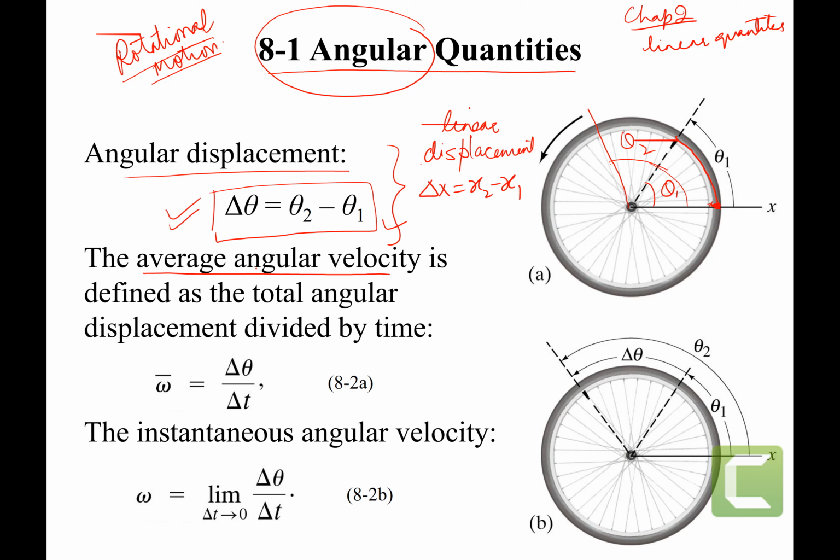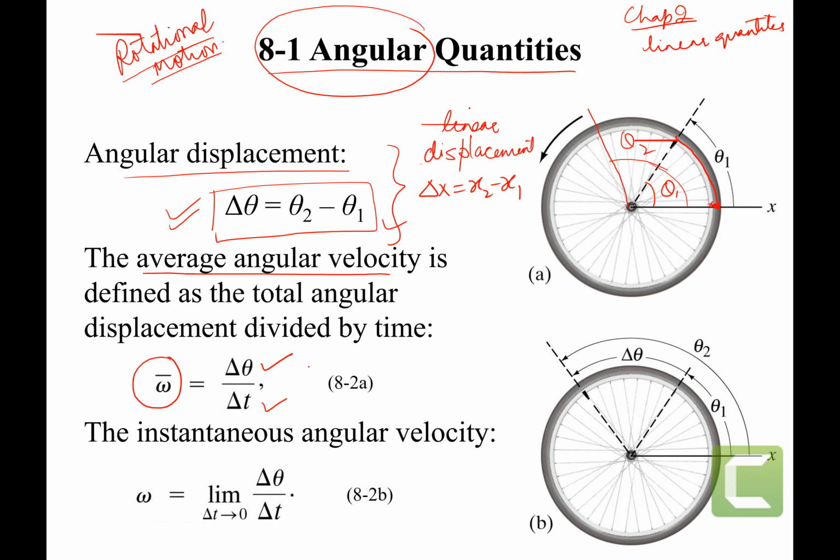So once we have defined the angular displacement, we can now define our angular velocity. The average angular velocity is given by change in angular distance, that means displacement over time.